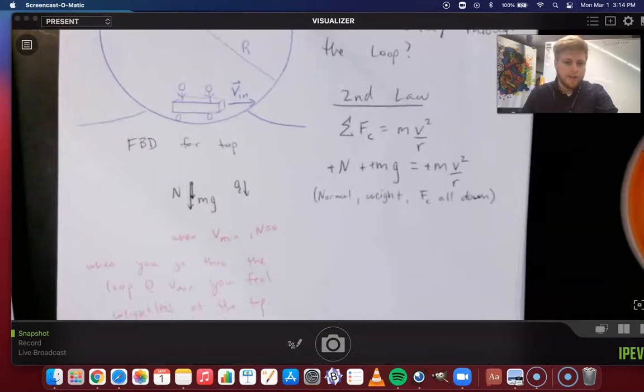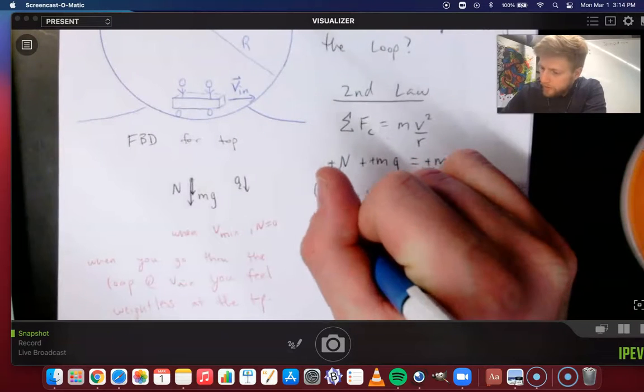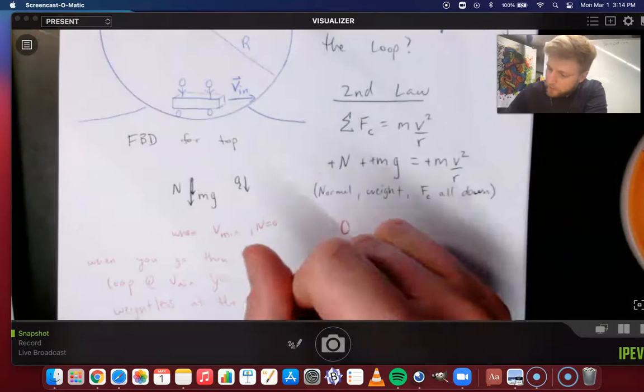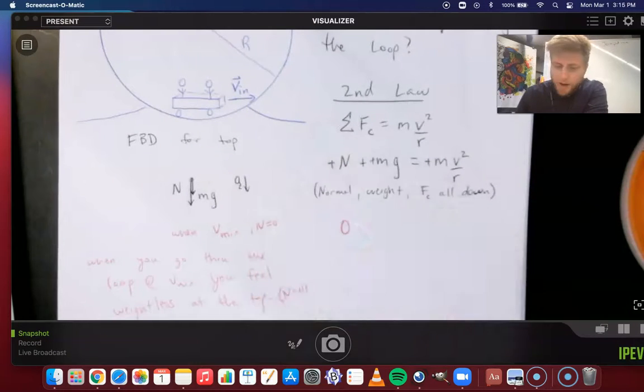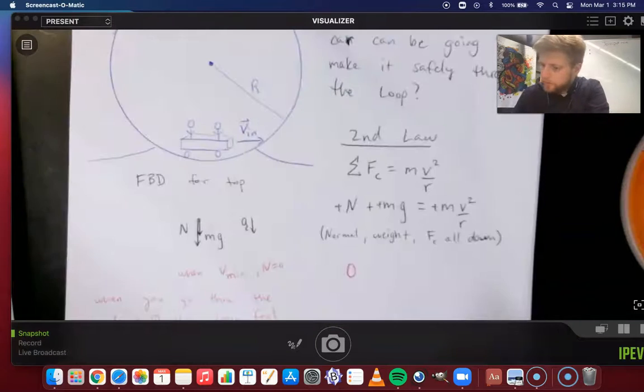So what I mean to say is that at the very, very top, the normal force will momentarily go to 0. So the normal force will be 0 at the top for just the moment that you're passing through the top of the loop.